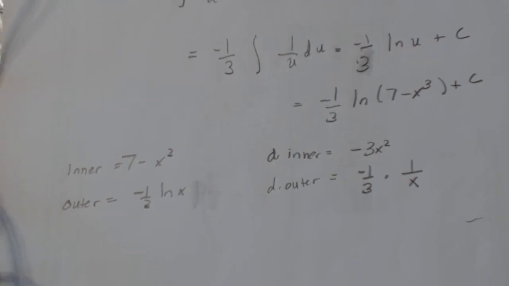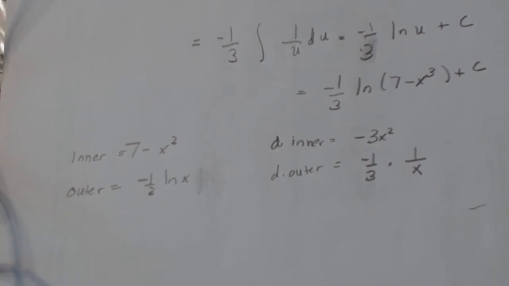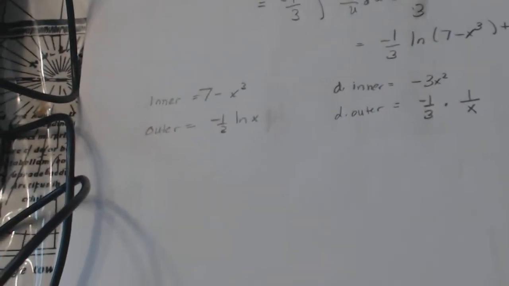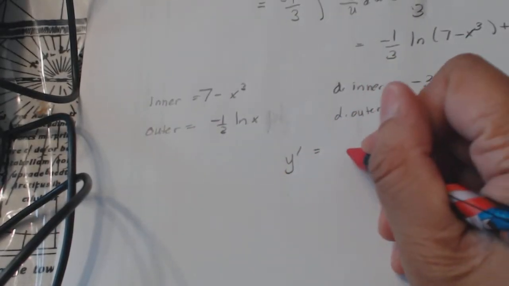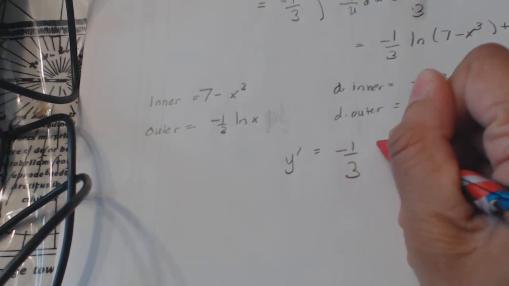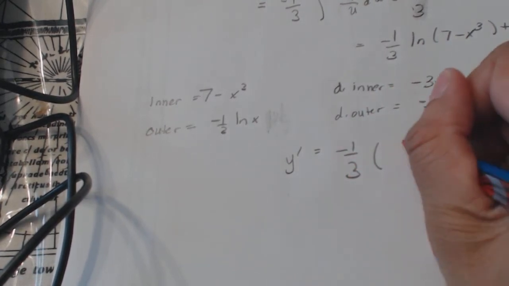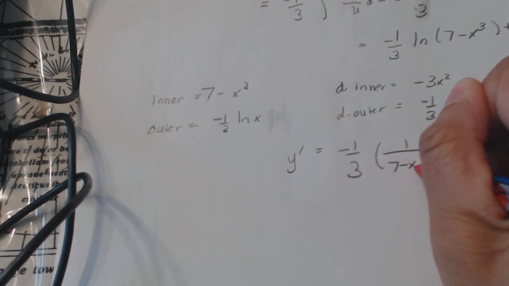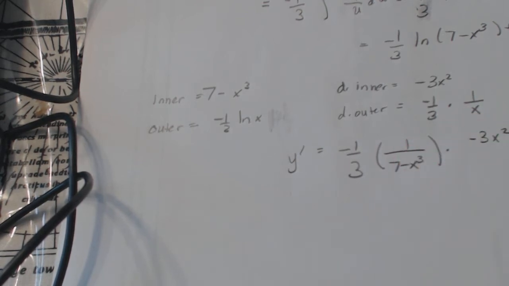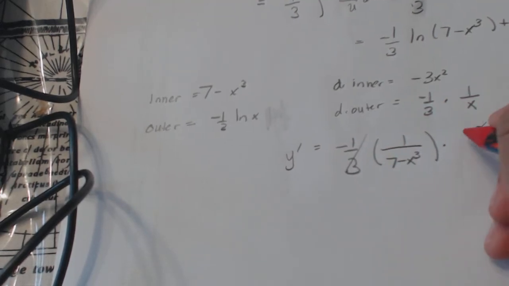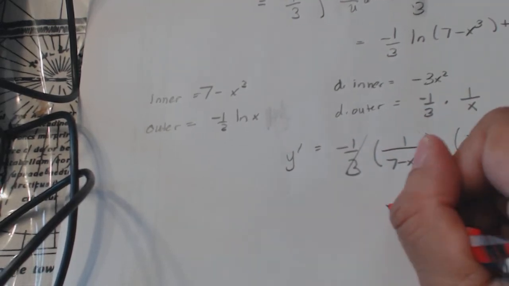And now we can assemble the derivative. Y prime is the derivative of the outer with the inner plugged in for x times the derivative of the inner. So that's what I get. And now you can see this minus and these two things cancel. And don't forget the parentheses.